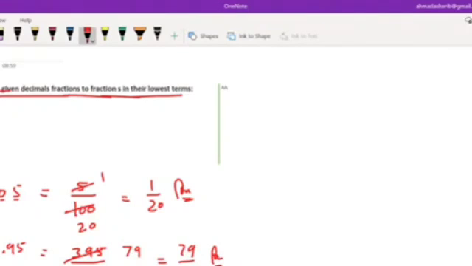Now we can convert it into the simplest form. 4 8s are 40 and 0 as it is, 5 ones are 5; 5 8s are 40 and 0 as it is, and 5 ones are 5, and 5 2s are 10, 2 0 as it is. So 801 upon 200. This is the answer. Now we cannot further reduce it into the simplest fraction. That is why this is the answer.